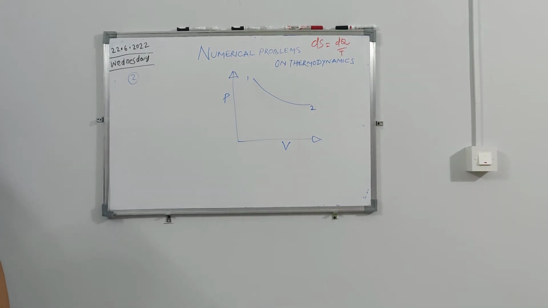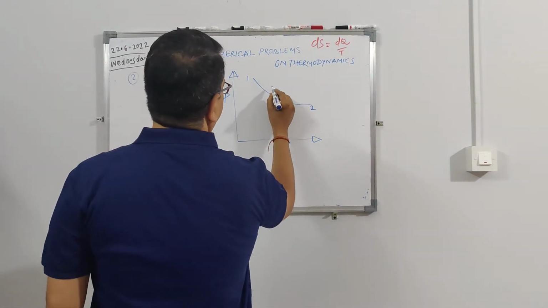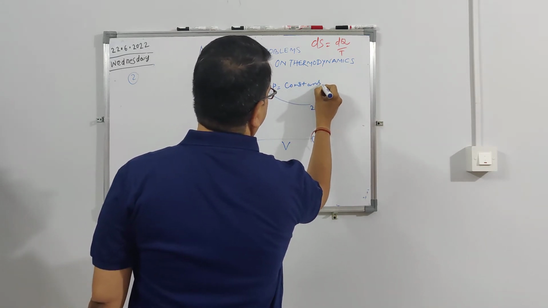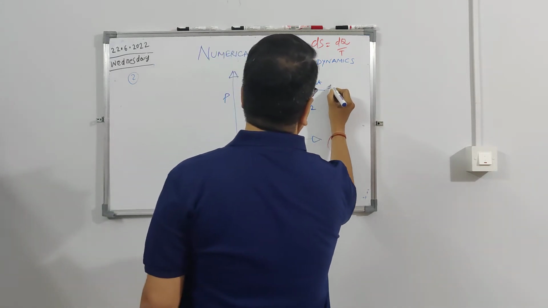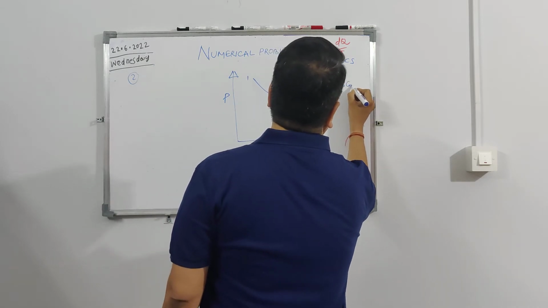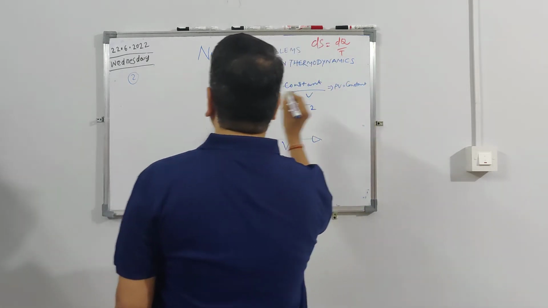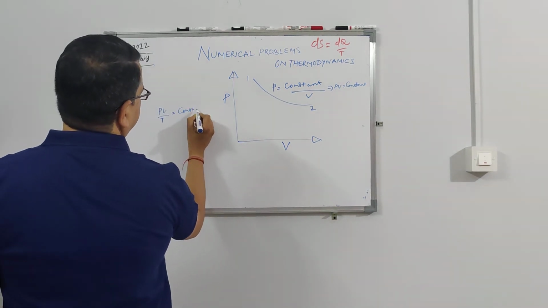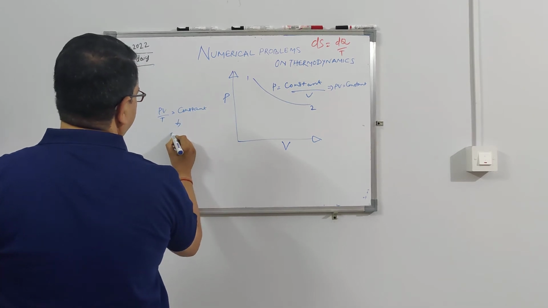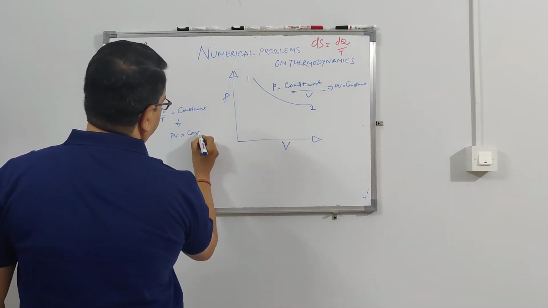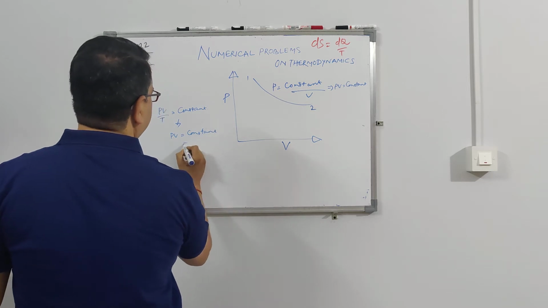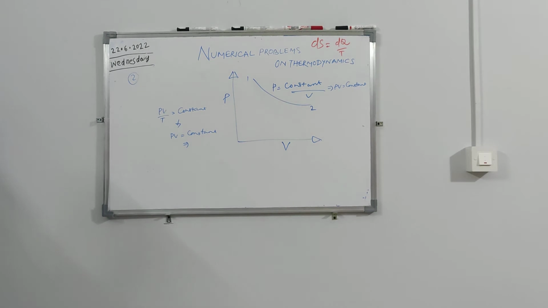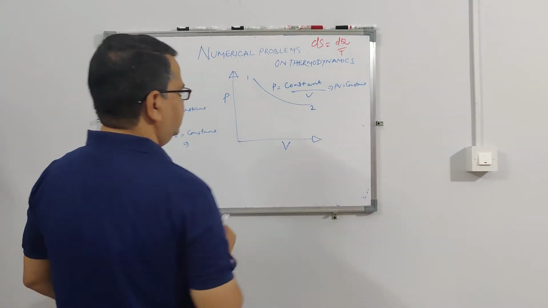Here they are saying P is equal to constant by V. So that means PV is equal to constant. We know for an ideal gas PV by T is equal to constant. If PV is equal to constant, that implies it's an isothermal process. From 1 to 2 there is no temperature change, temperature is constant. So it's an isothermal process.